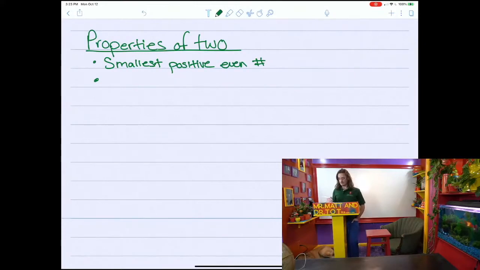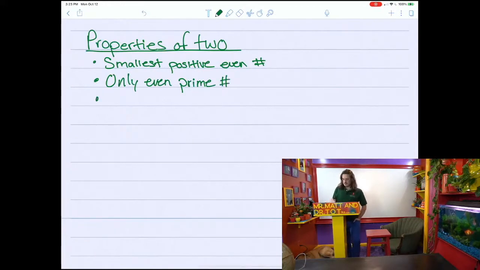All other primes are odd because they are necessarily a multiple of 2. So it's the only even prime number. And the definition of an even number is that it's a multiple of 2. So it's a divisor of every even number, just by definition.